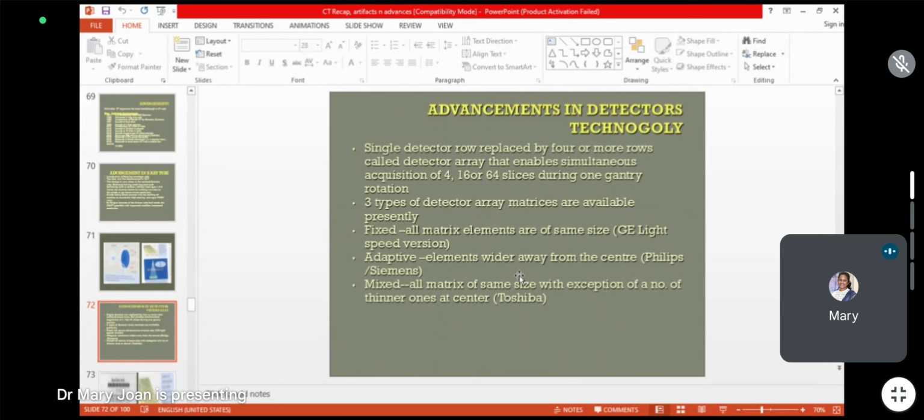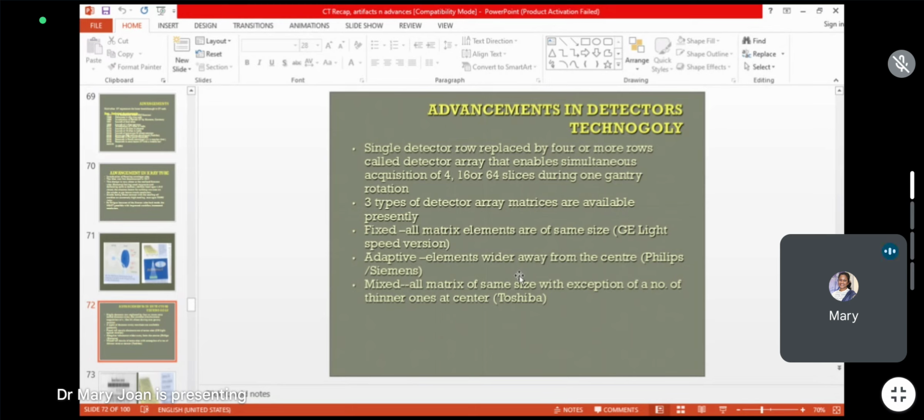3 types of detector array matrices are available. Fixed, where all matrix elements are of the same size, and adaptive, where elements are wider away from the center. So at the center it will be smaller and towards the periphery it will be wider.